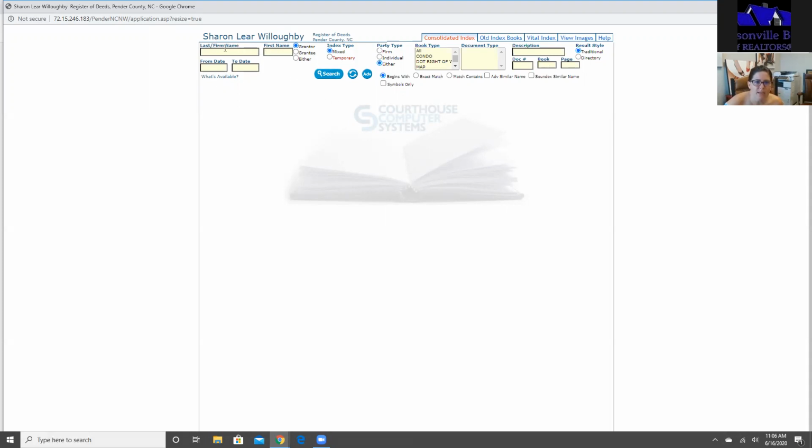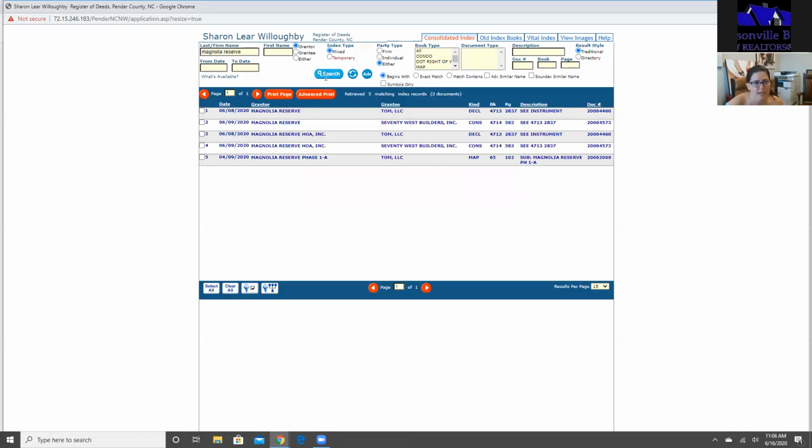But just like with the advanced search in Onslow County, that's the same as what's over here. So when we first came to this site, this is all the advanced stuff, but these were the first things that pulled up. So if you were to just type in, let's go with Magnolia Reserve, just because I just pulled these, and you just type in the subdivision name, same as you did in Onslow County, and you hit search or enter, the HOA, all of the declarations and everything come up.